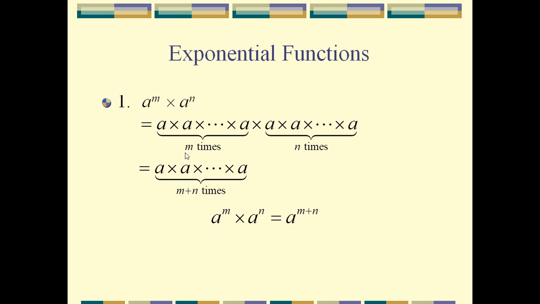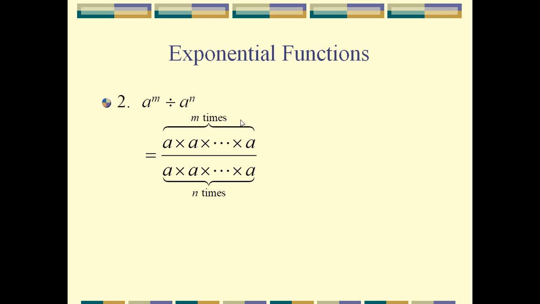The next property is quite similar, but the multiplication is replaced by a division. When you have two index numbers here with the same base also, you can find out this can be simplified as a term with only one base.